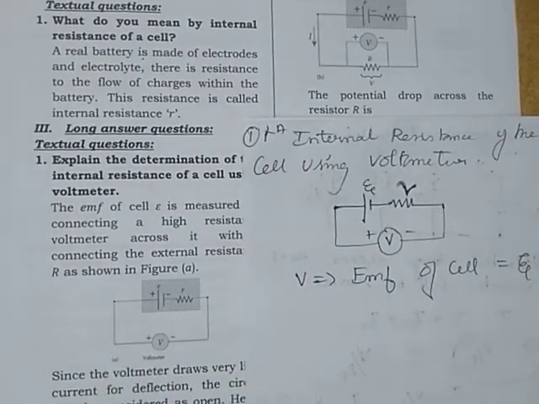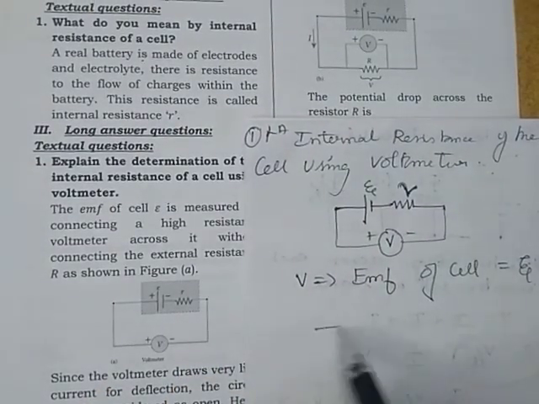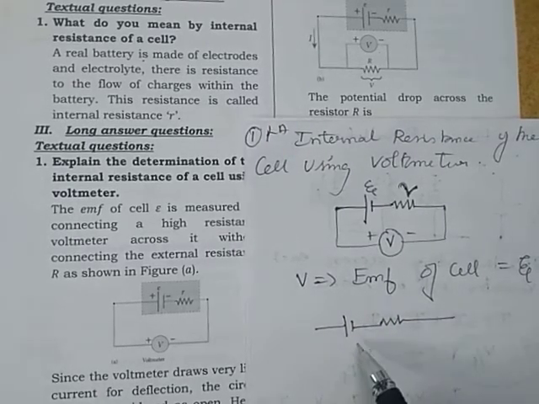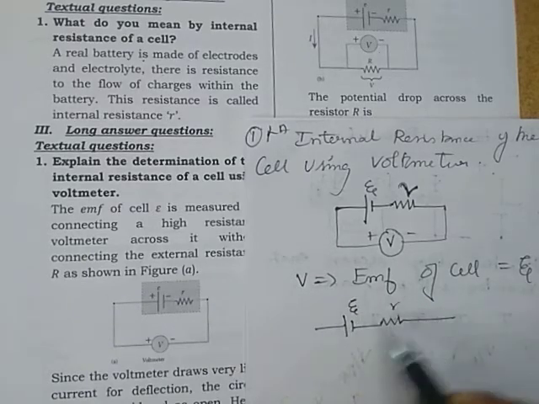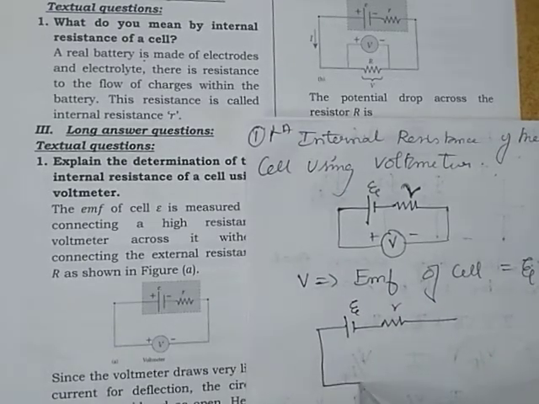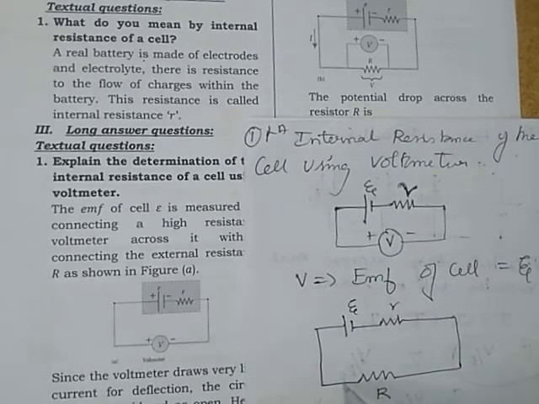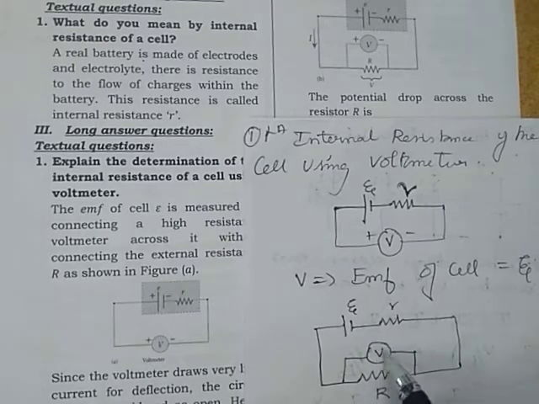After that I am connecting an external resistance having the resistance value R. Then across the external resistance I am attaching the high resistance voltmeter.